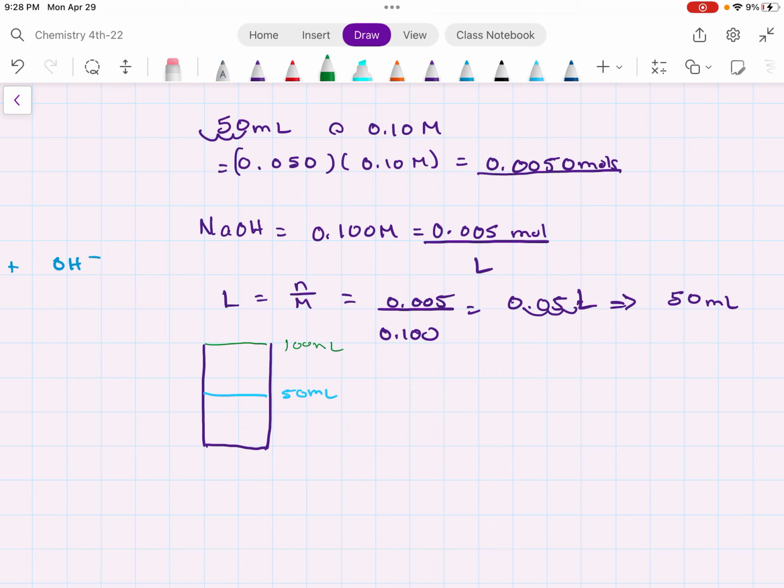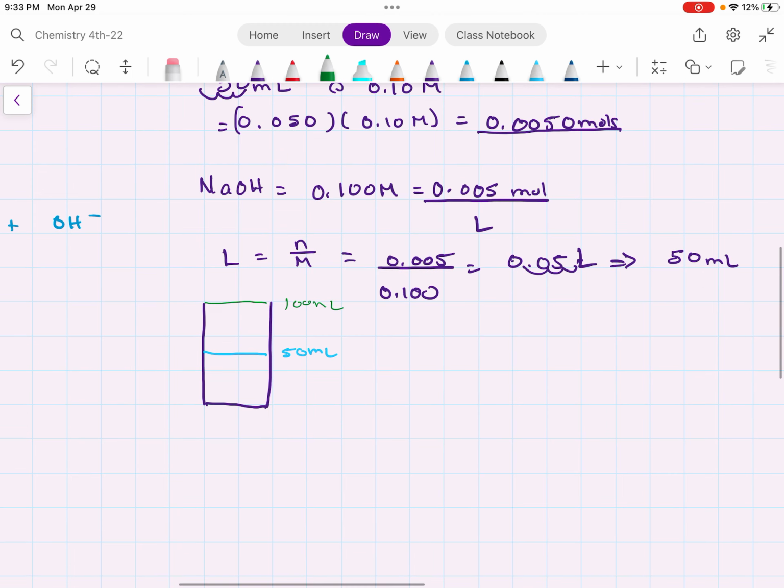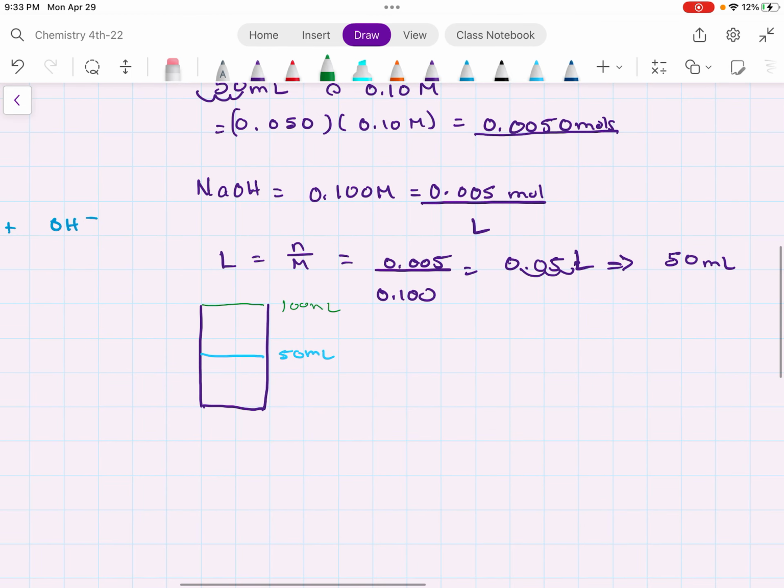Okay, so now what we're going to do is calculate that molar concentration. If we know that we have 50 milliliters added to the original 50, we have a total of 100 mLs.